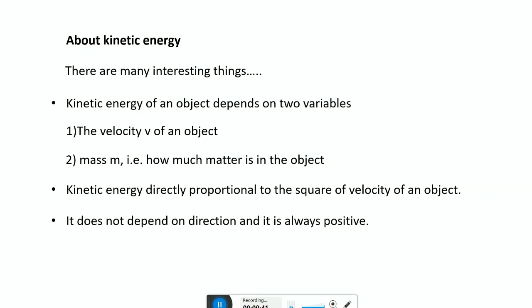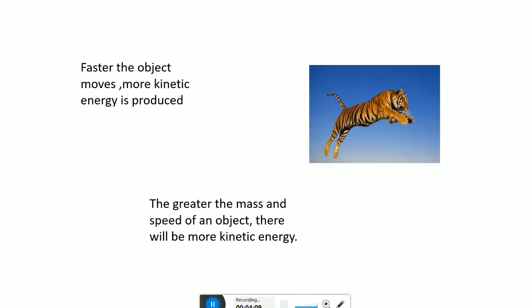It does not depend on direction, as it is a scalar quantity and it is always positive. This picture shows the motion of an object. The faster the object moves, the more kinetic energy is produced, or the greater the mass and speed of an object, the more kinetic energy there will be.